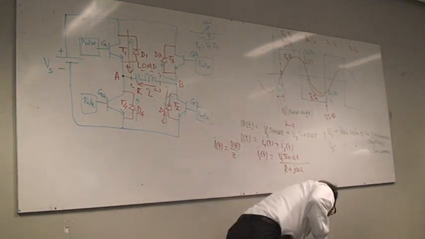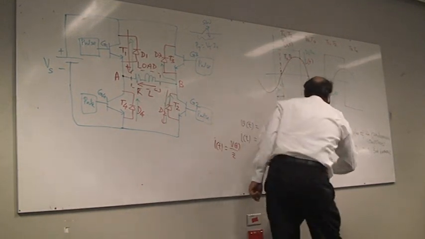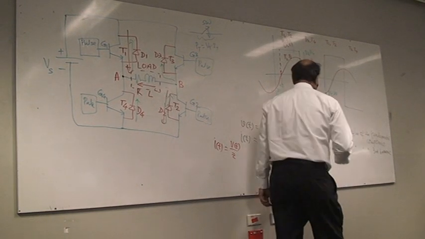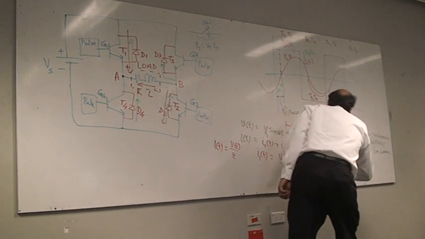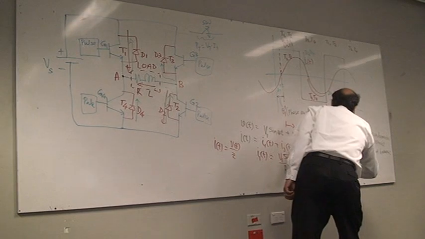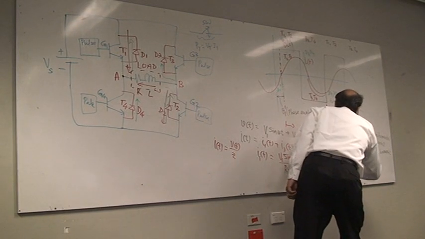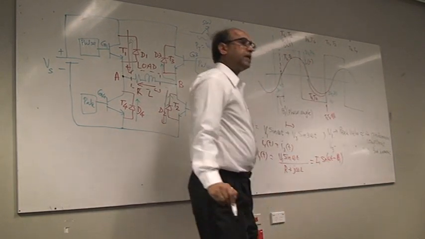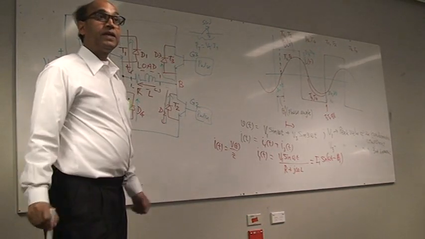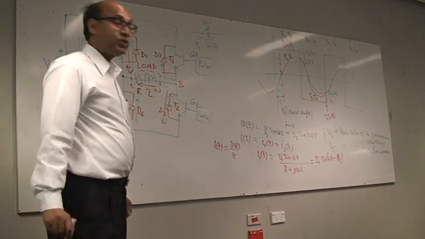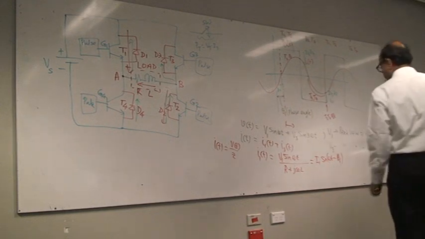So that one you can write down like this: I1 sine omega t minus theta 1. Can you write like that? So what is I1 and what is theta 1?